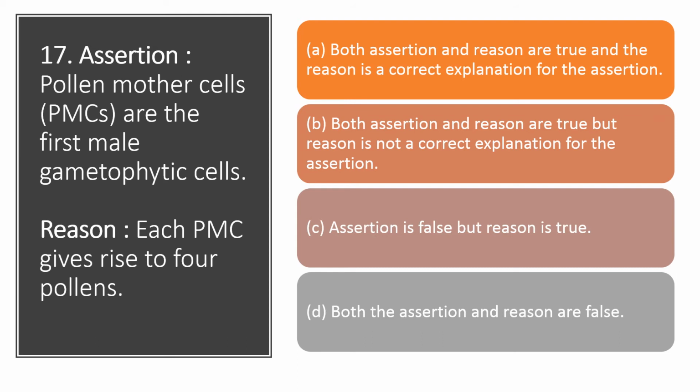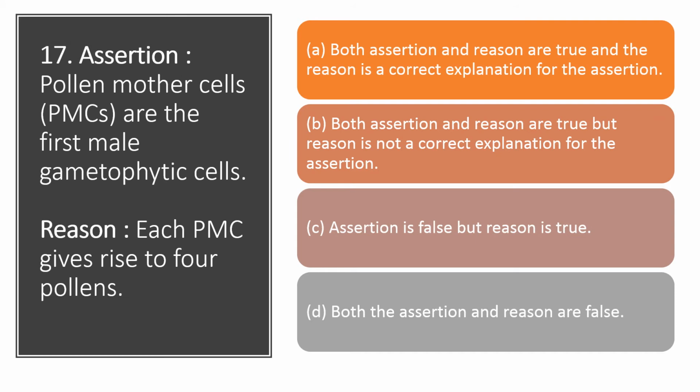Here they mentioned pollen mother cells are the first male gametophytic cells, but we know that the pollen grain is the first cell of the mature male gametophyte, and that develops into the mature male gametophyte through microgametogenesis. So the pollen grain will become the first cell of the male gametophyte, and later, due to mitotic division inside the pollen protoplast, it produces 2 cells, namely the small generative cell and the larger vegetative cell.